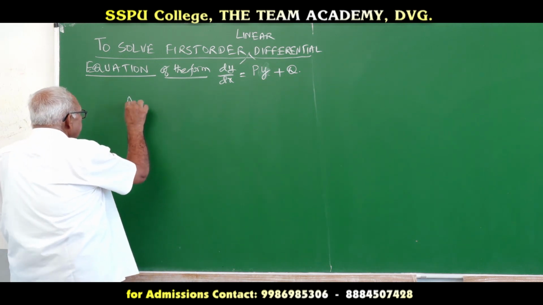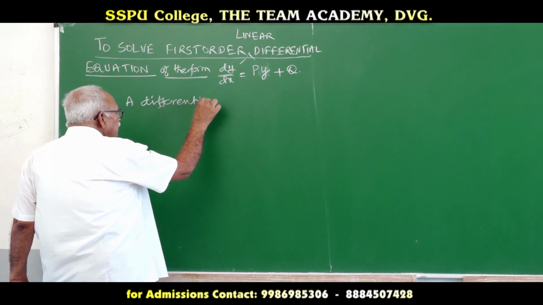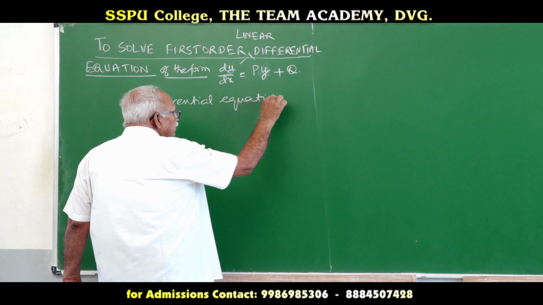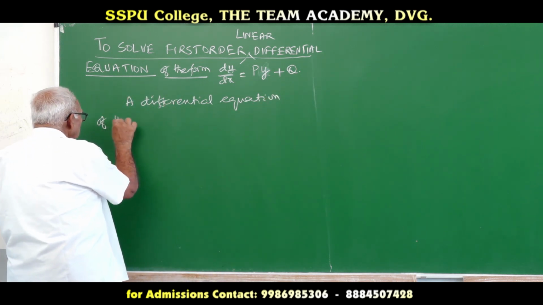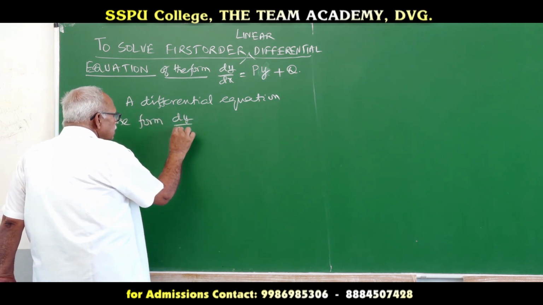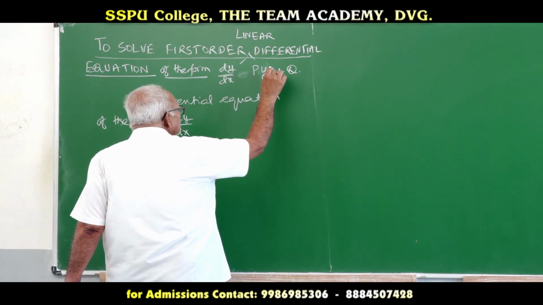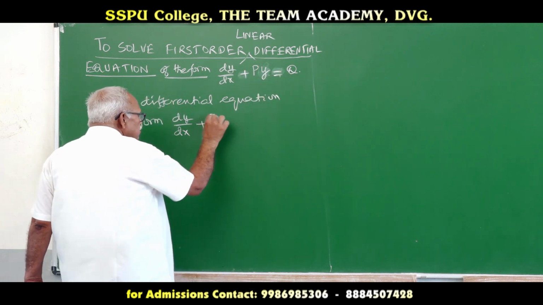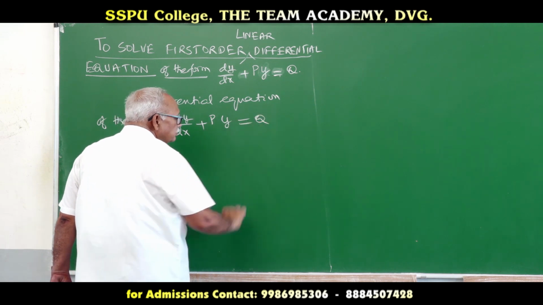A differential equation of the form dy by dx plus p of y is equal to q.